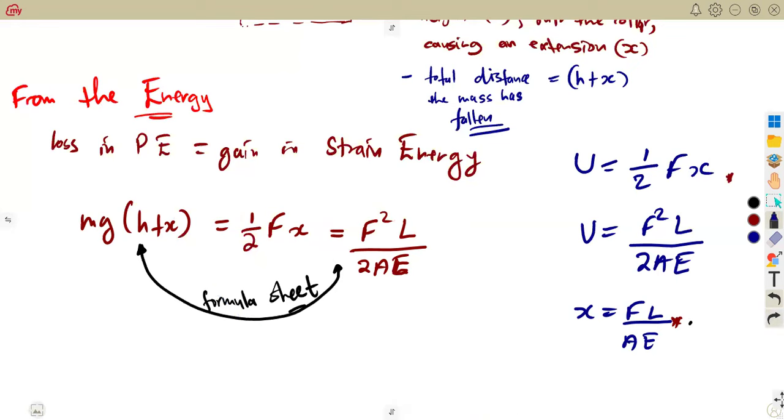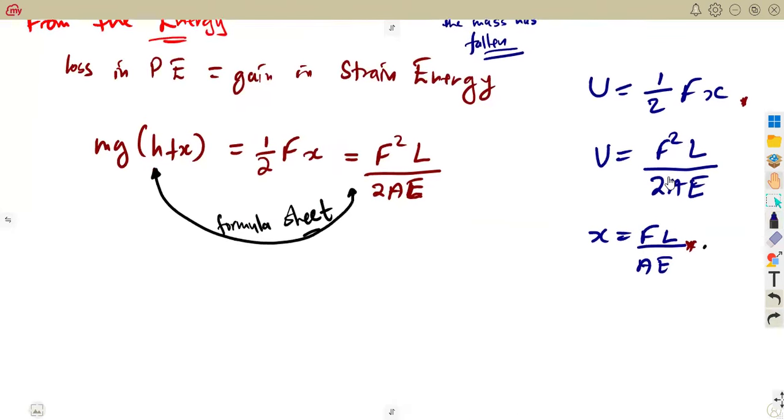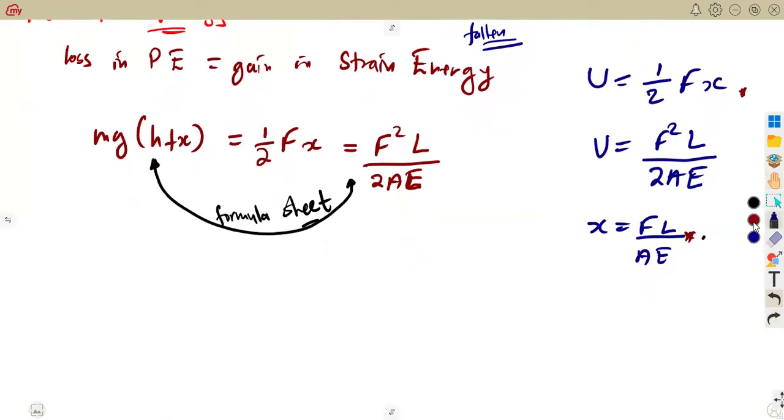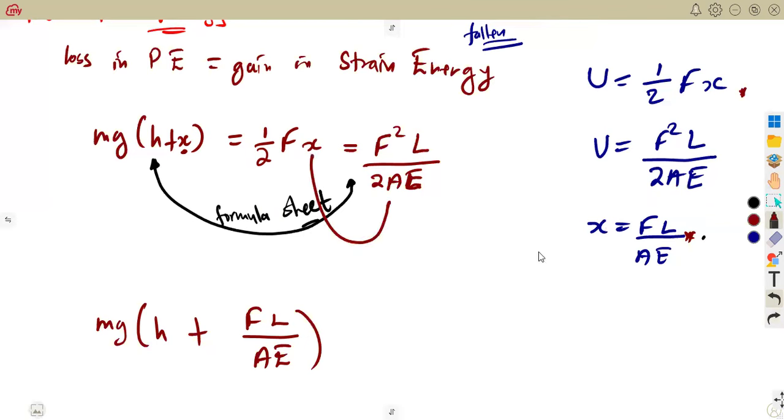So that's why, depending on the textbook that you are using, you end up seeing this formula instead of this X being written here. They will write it like this: mg into h plus x. They substitute the x now as FL over AE, like this. They're just substituting where the X is. And if you substitute that X here, that is where we got this one. So we're not going to equate to this one. When we substitute X, we're just going to equate straight to that one.